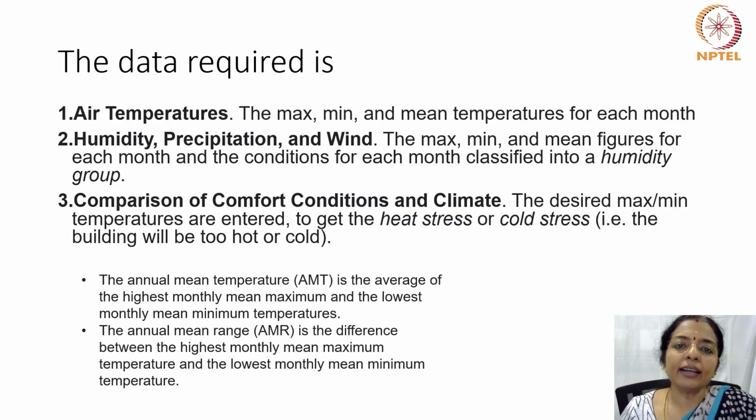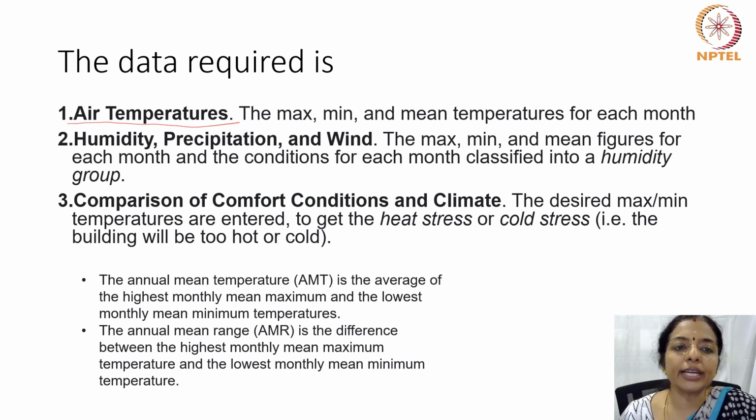So the data that is required for us to understand the passive techniques with the help of Mahoney's table. The first is air temperature. So you need to have data pertaining to air temperature. But what data? You need the maximum temperature, minimum temperature, and the mean temperature for each month. So for 12 months, you need the maximum, minimum, and mean temperature data.